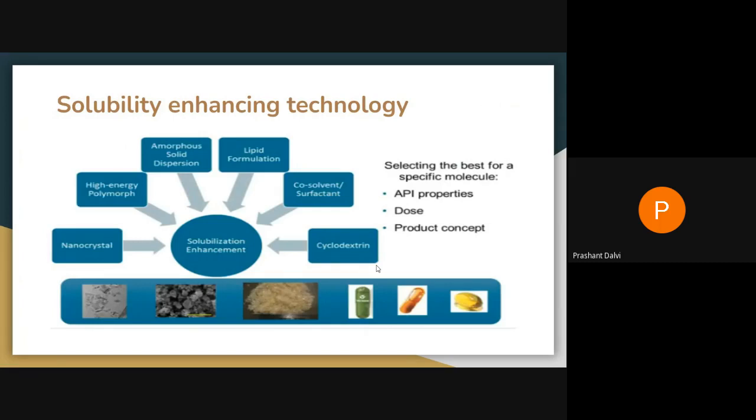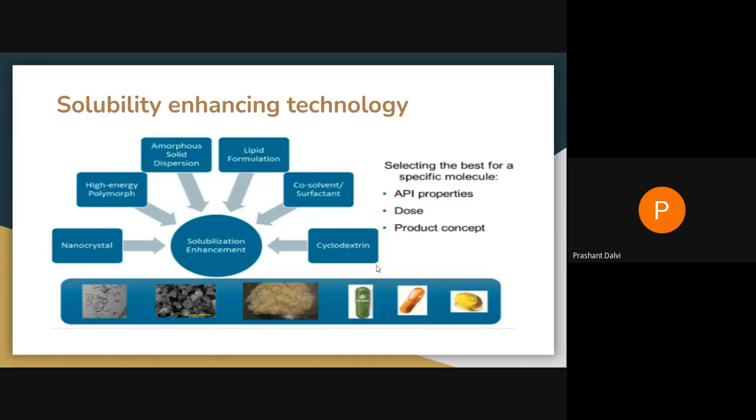So these are the different solubility enhancement technologies or approaches. Here nanocrystals and high-energy polymorphs are there, amorphous solid dispersions, liquid formulations, then use of co-solvents and surfactants. The mixed co-solvents concept is very popular nowadays. Then the use of cyclodextrins, beta-cyclodextrins.